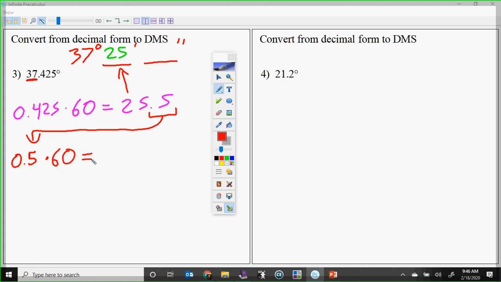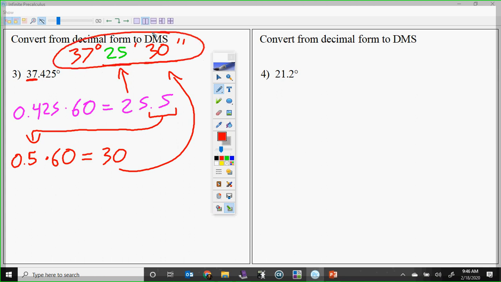Well, 0.5 times 60 is just half of 60. So 0.5 times 60 should give me 30. 30 goes up there. Sorry for that confusion. Okay, so I changed from decimals to degrees, minutes, and seconds. Okay, go ahead and try number 4. I'm going to go ahead and pause the video and give it a shot.